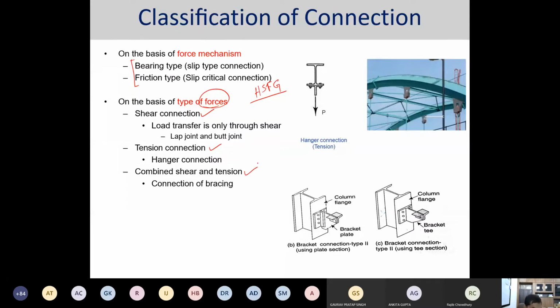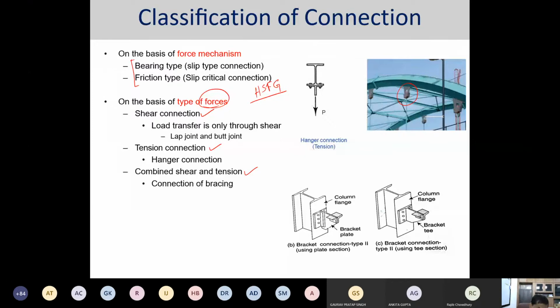Shear connections are predominant in most bolted joints, for example in any lap joint or butt joint. You typically find a shear connection or shear connectors there.